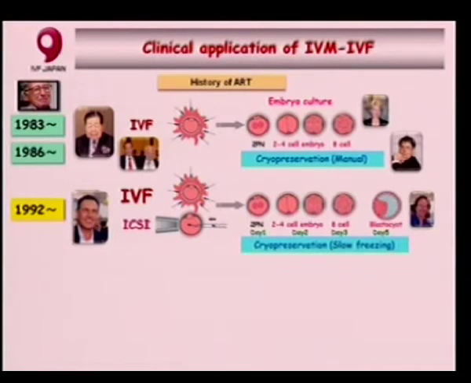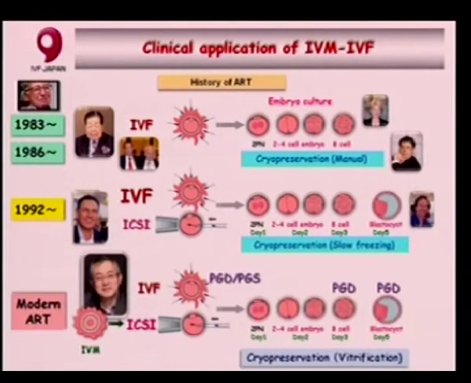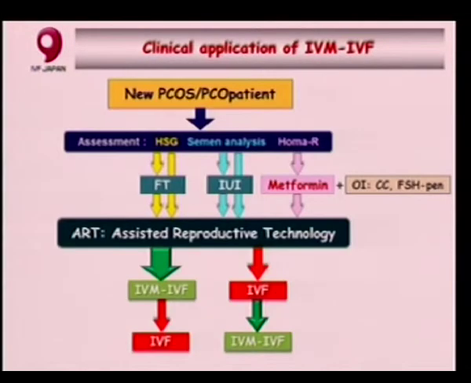Then ICSI, which became widespread all over the world by Palermo, and then blastocyst transfer by Gardner, and then IVM in 1991 by Dr. Cha in Korea.